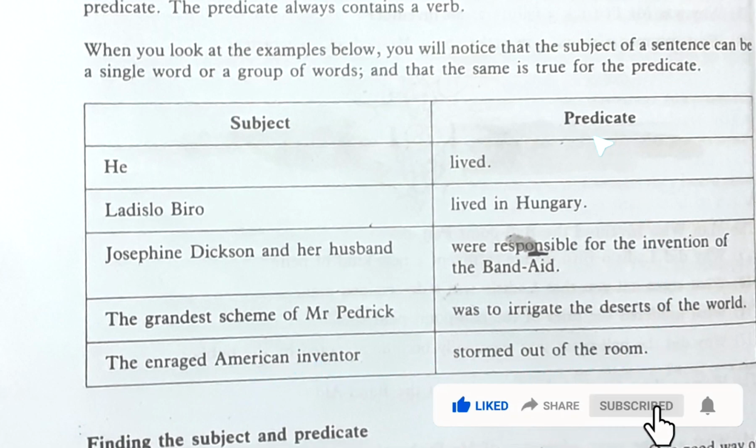So what we have discussed before, we have got its example here. Especially in this place, it's written the subject of a sentence can be a single word or group of words. Here these are the examples, and the same is true for the predicate, and here are examples.